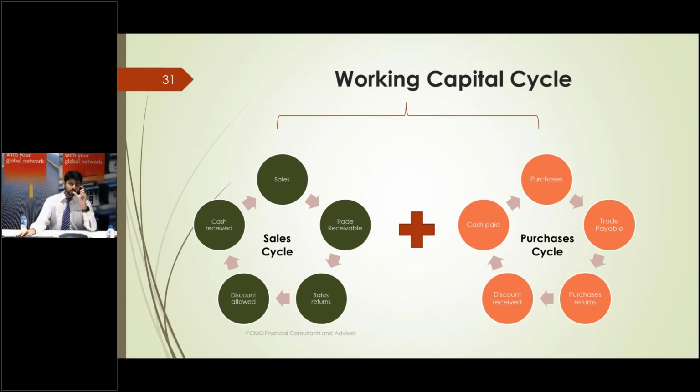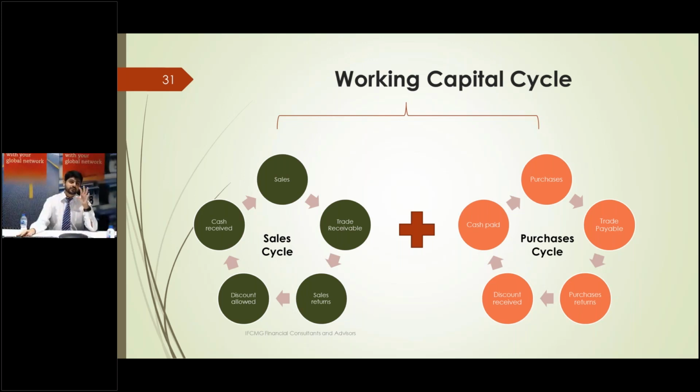So what we need to look at here is how to use the finance and how much finance we need to finance our operations. If you look at the sales cycle versus the purchases cycle, in purchases we should have a credit period. We have a credit period, we're utilizing someone else's funds to run our operations.